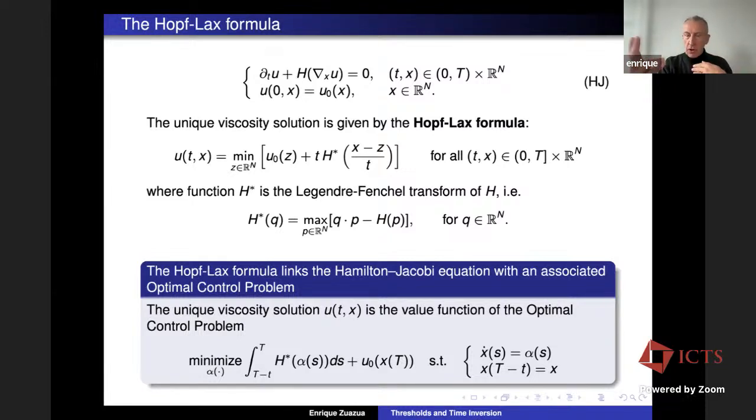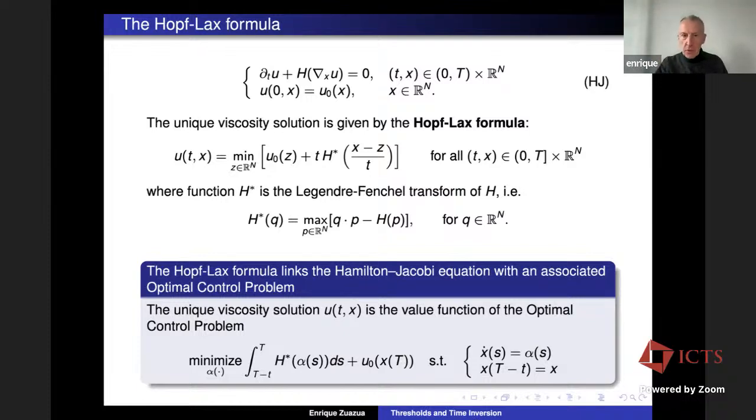Actually, you can define also the backward viscosity solution just by playing with changing signs. I can change t into minus t, and then you see that dtu becomes minus dtu, and then you will have a minus in front of the Hamiltonian. So you see that changing the sense of time is also swapping from, say, convex to concave Hamiltonian.